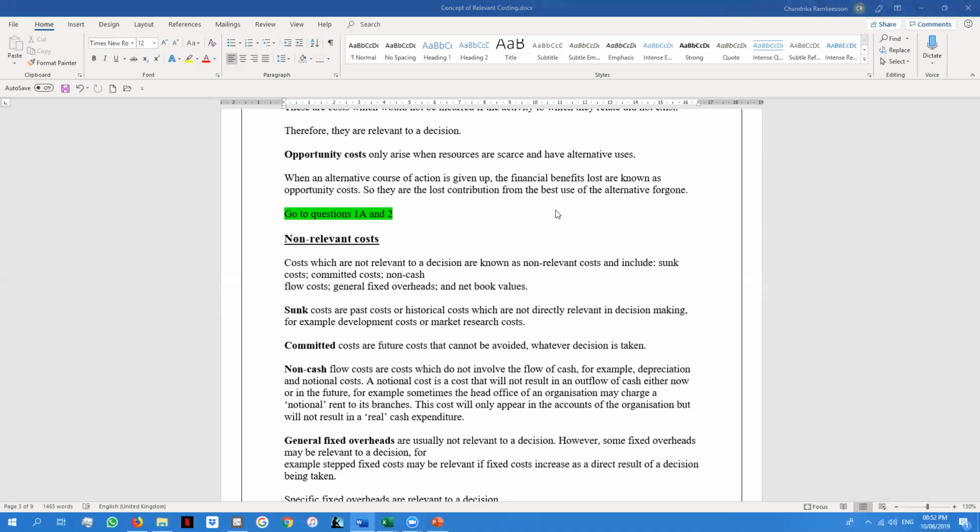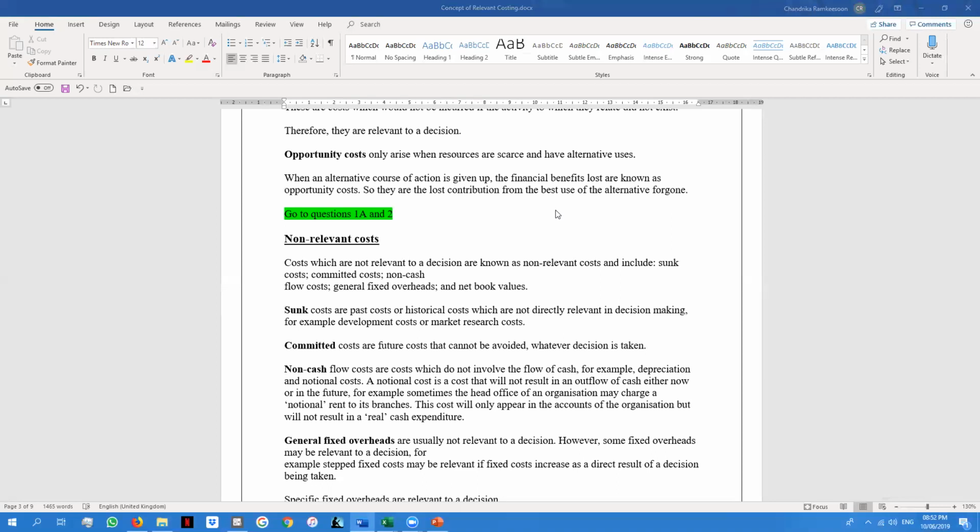So maybe each of the offices is a cost center, and they incur operating costs, the different costs involved in each office.